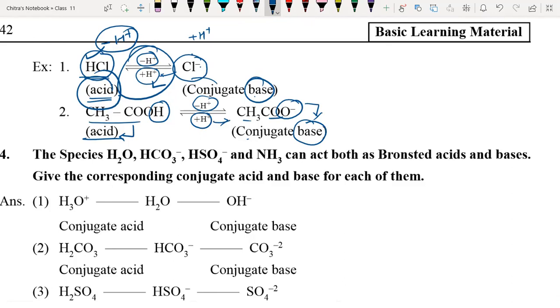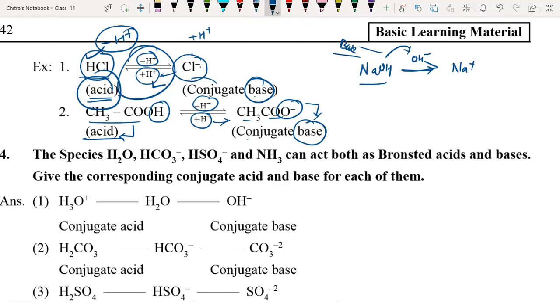For base, we can take an example. Suppose I am taking NaOH. When NaOH dissolves in water, it gives OH negative ion and Na positive ion. So NaOH is donating OH negative ion, so it is a base.